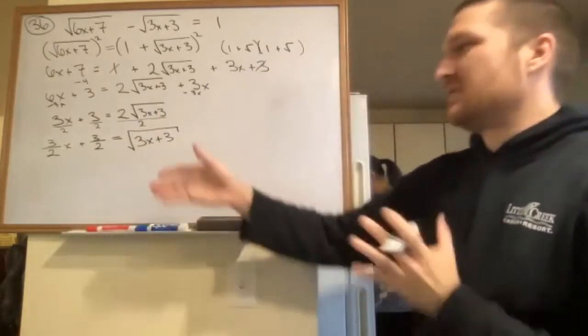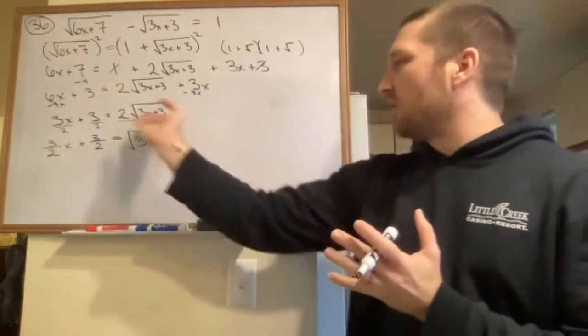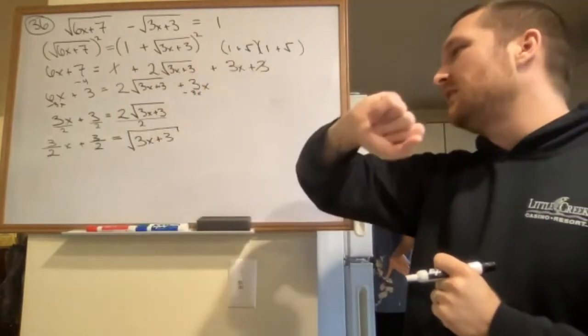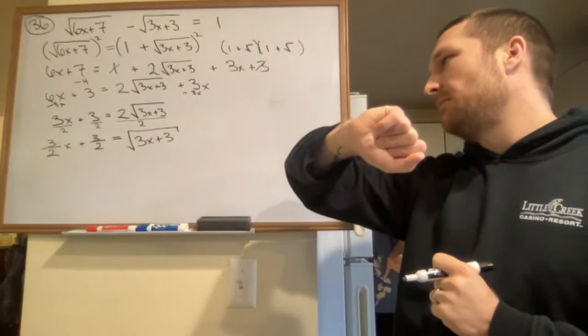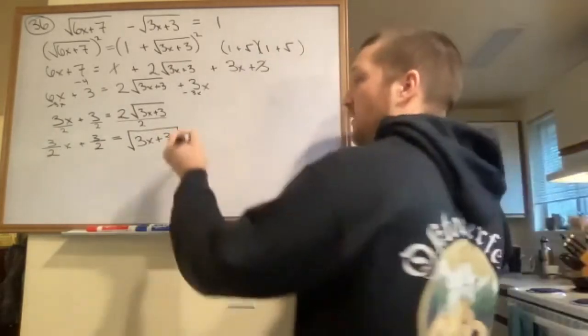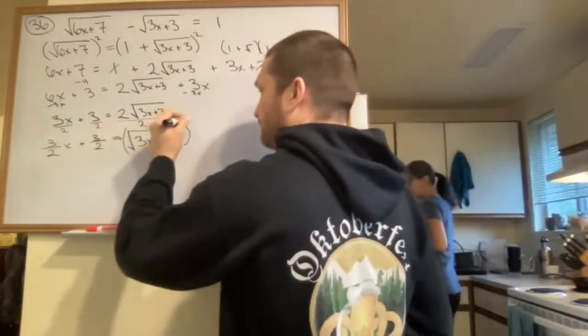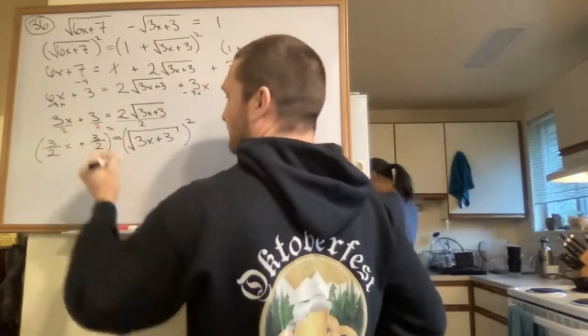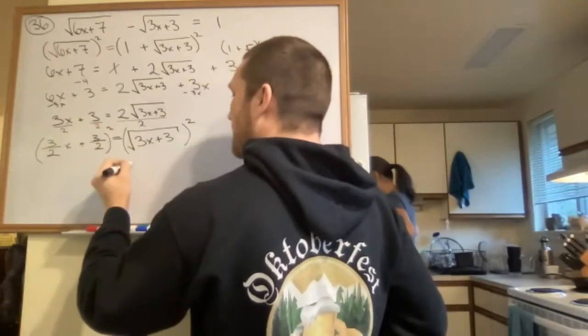So I'll just go on along this way. How do we undo this guy? What do we need to do? Square it. So I'm going to square this side, and I'm going to have to go, boy, that's ugly.